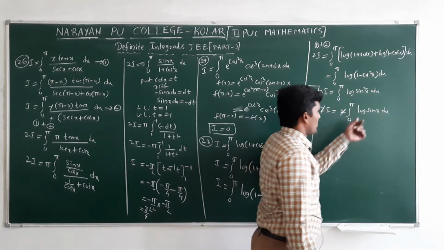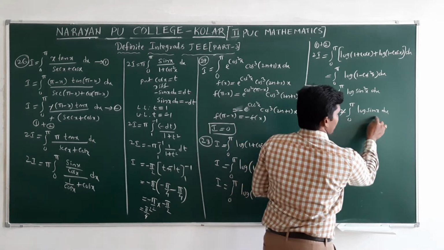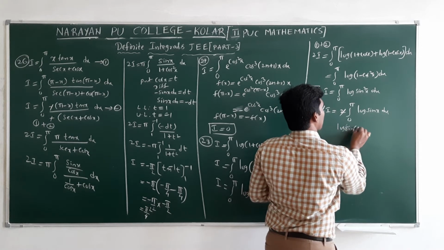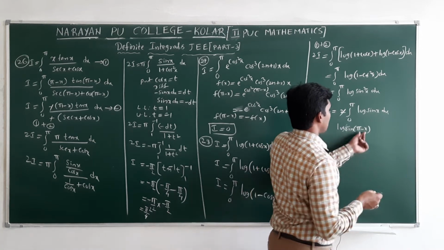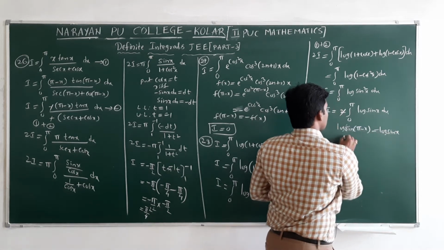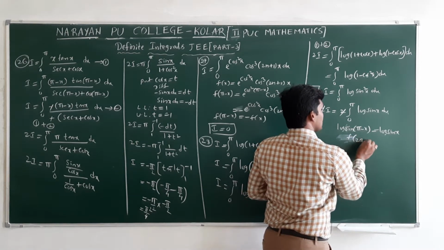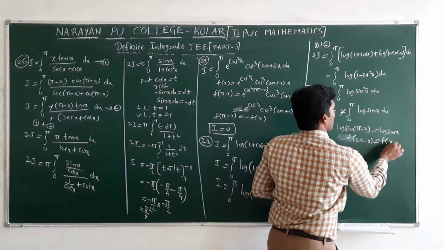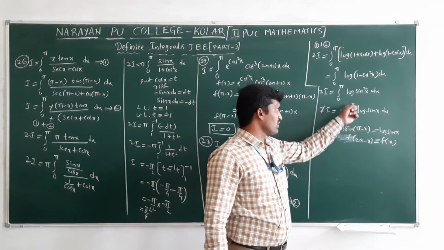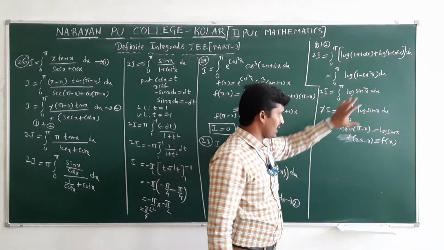Now I'll apply the property here. Just now I did the f of a minus x, 2a minus x property. If this is f of x, log of sin of pi minus x, sin 180 minus theta is sin, so log sin x only. So which property is satisfied here? f of 2a minus x equals f of x property is satisfied. According to this condition, integral 0 to 2a of f of x dx we can write as 2 into integral 0 to a.